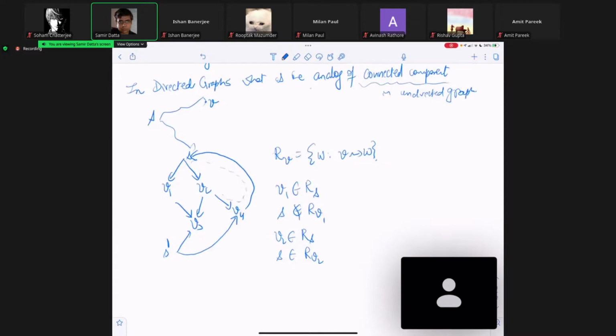So if you look at the graph, this part you can think of as one equivalence class, because each vertex can reach every other vertex here.